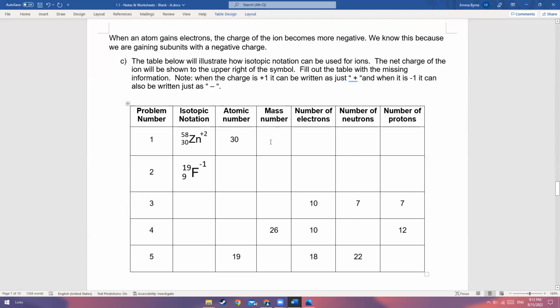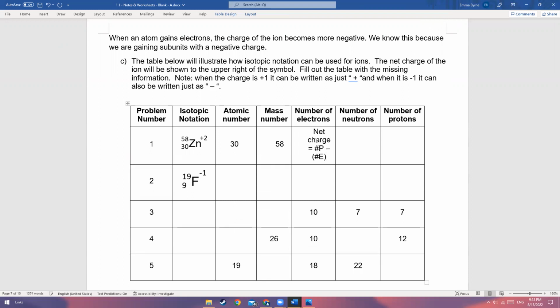For the mass number here, we got 58, also from the notation. Now the number of electrons. So if we think about the net charge, the number of protons minus the number of electrons, here we're going to try to total up what the net charge is.